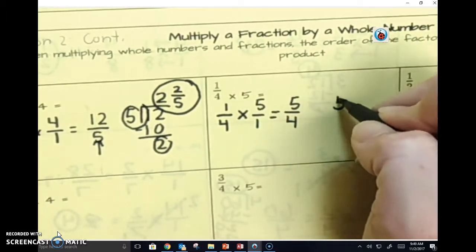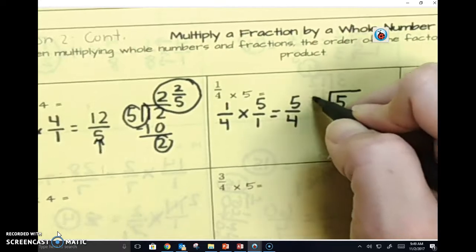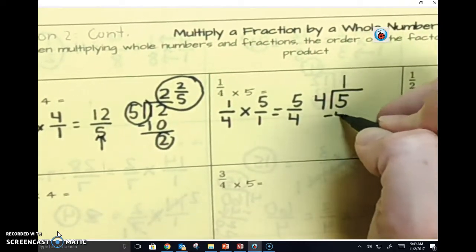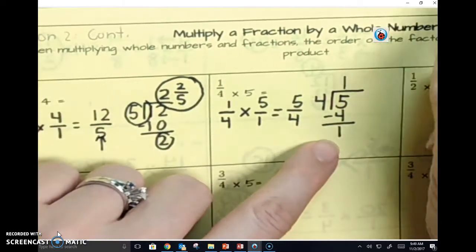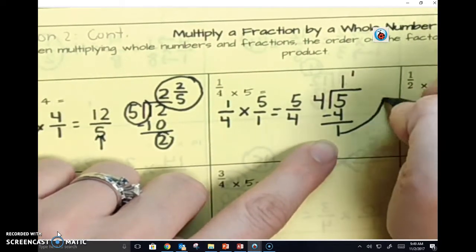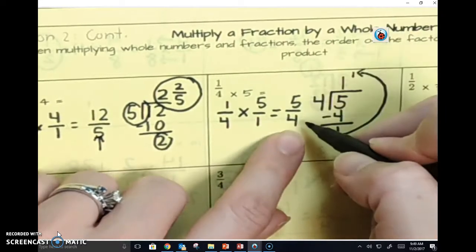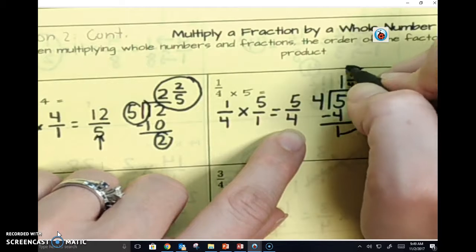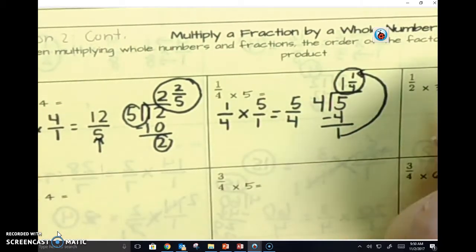Others of you, let's divide. We have 5 divided by 4. 4 goes into 5 once. The remainder is now our numerator, so it goes all the way up there. And then since your denominator over here is 4, your denominator here has to be 4. 1 1/4.